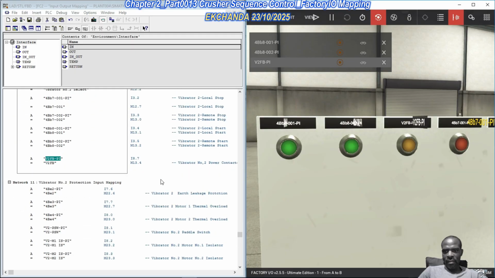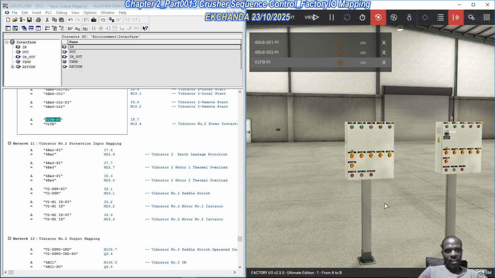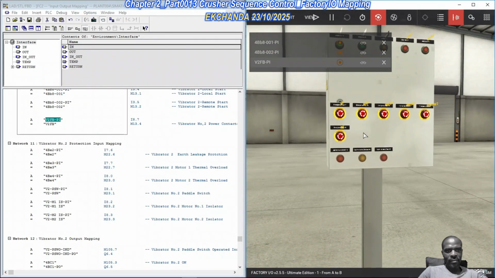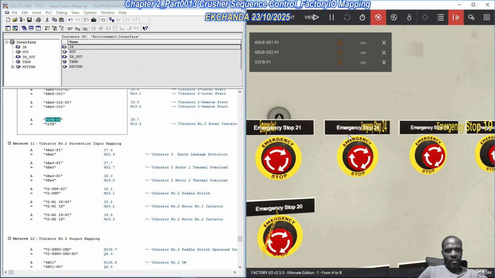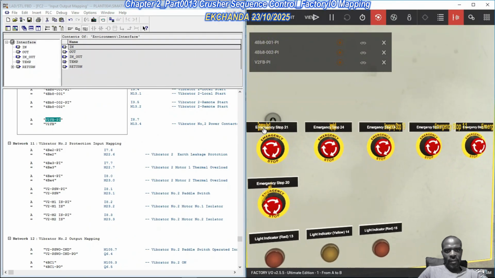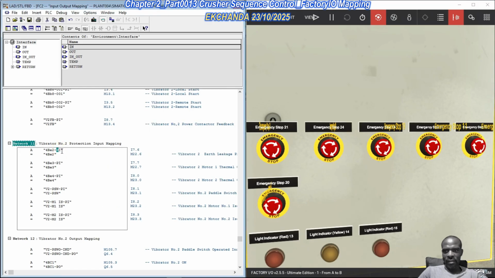and then talking about the mapping for protection input. So this has to be the second line, right? So we have the first protection input as vibrator 2 earth leakage protection. So we're going to copy this.